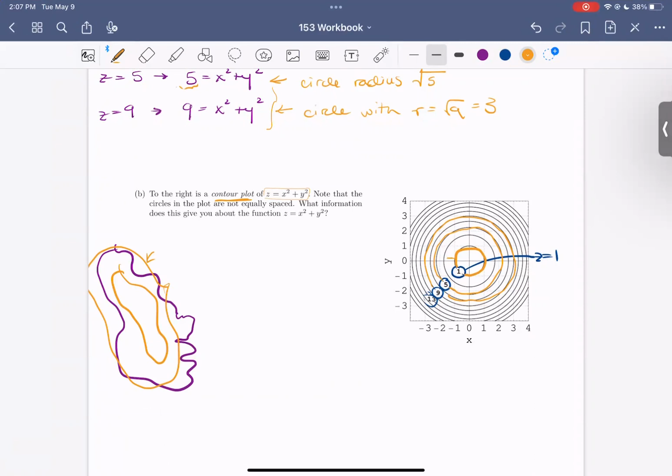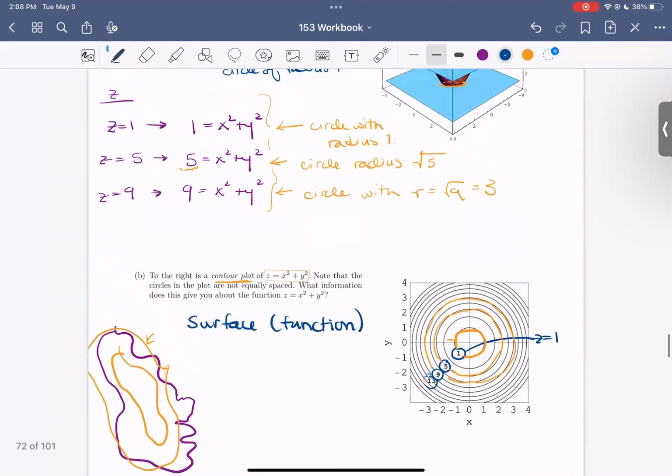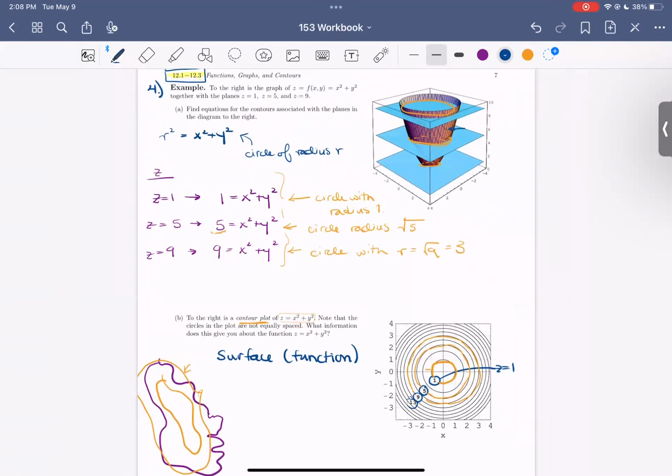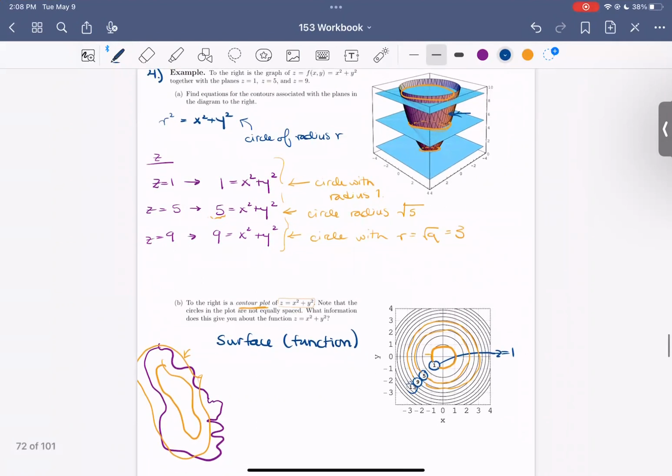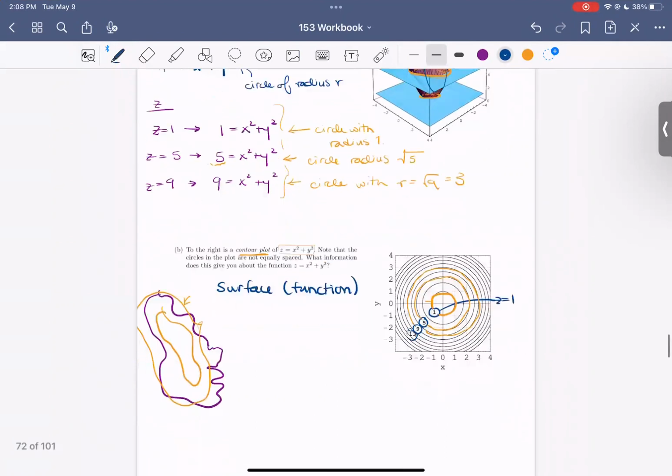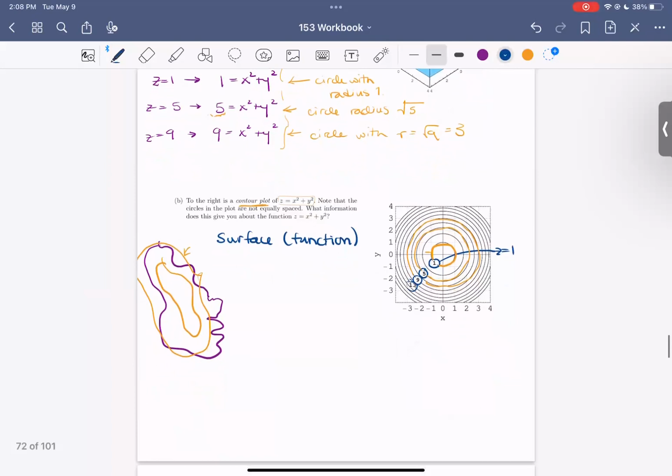So it might be interesting to know where our function is the steepest. If you were walking along this parabola-shaped surface, where is it the steepest? Pause the video and think about that for a little bit.